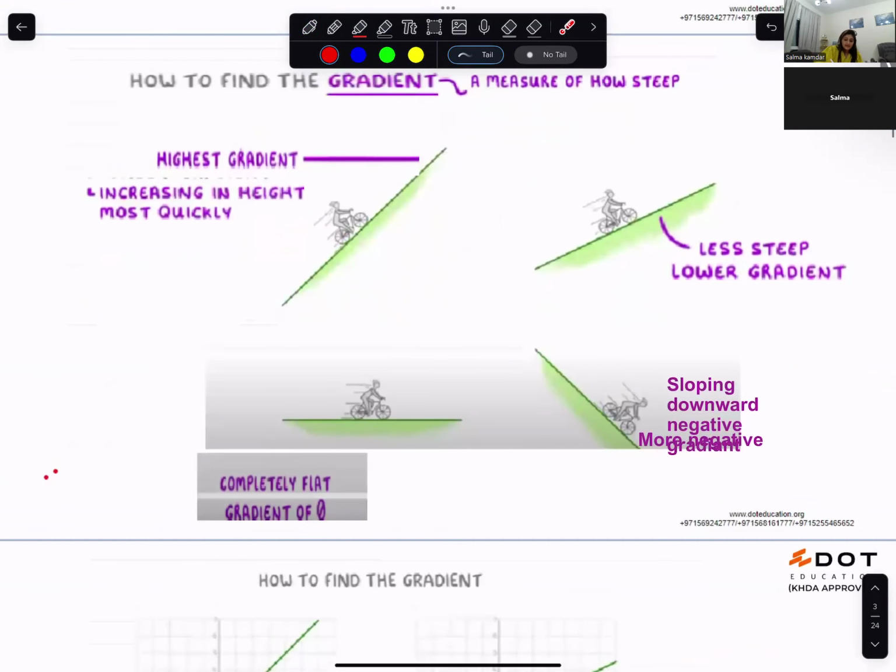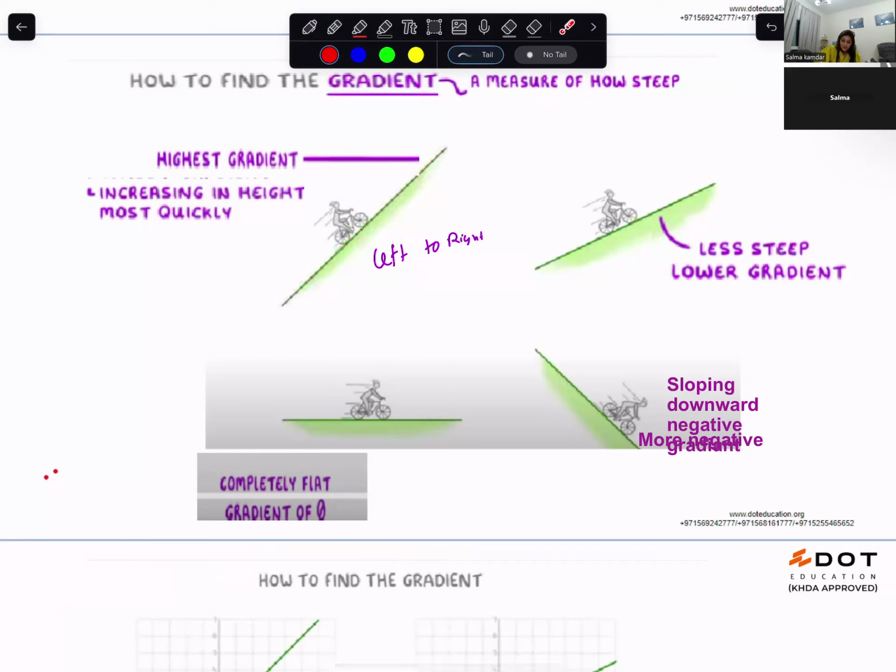Gradient measures how steep the line is. If you look over here, this line is going upwards from left to right, and you can see this is a very steep upward slope, which means its gradient is positive.